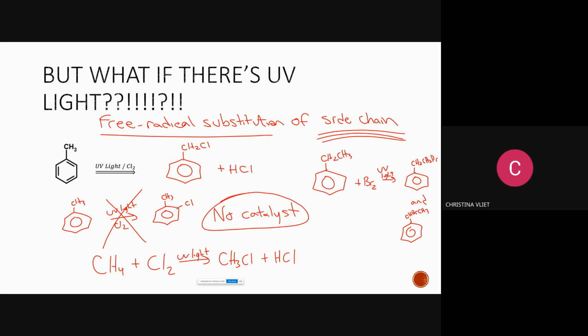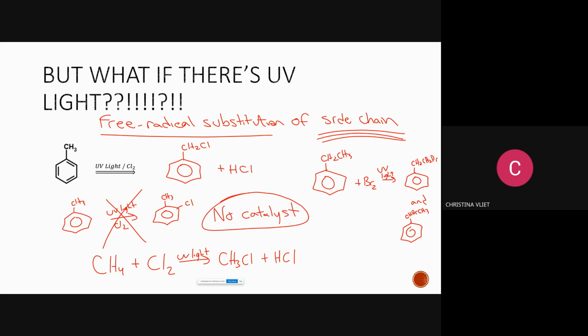It could attack equally any of the hydrogens on that side chain, meaning that it could attack the end or it could attack the middle. So this gives you a mixture of products. This is not a good technique for making something you want because you're going to get more than one product out of this. You could actually get more products too.